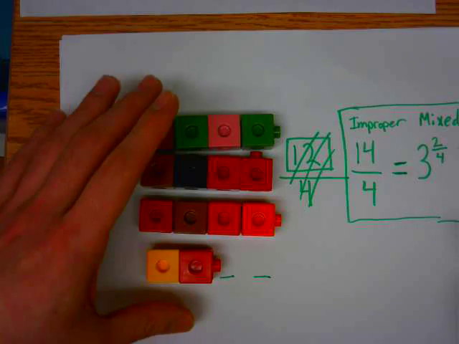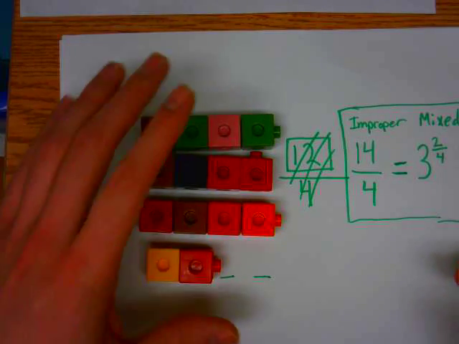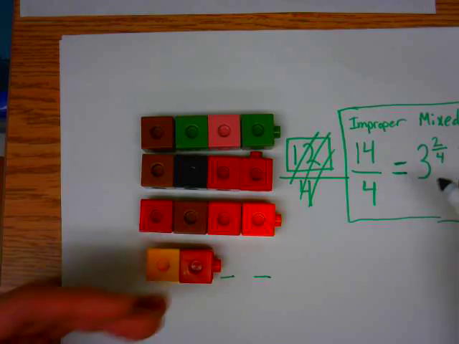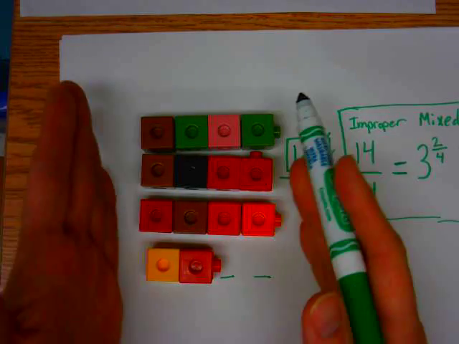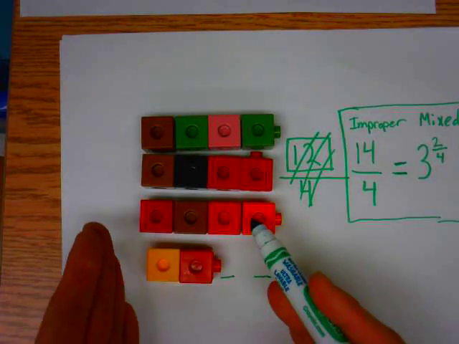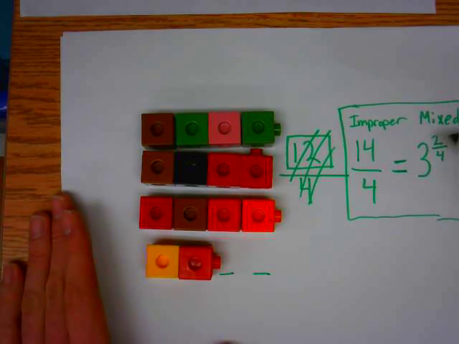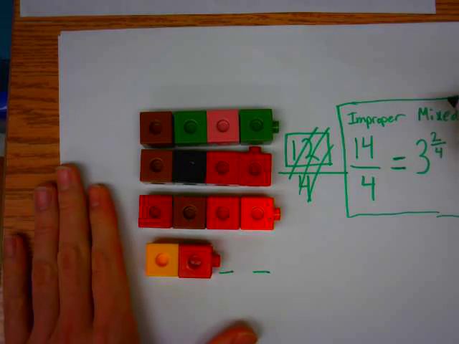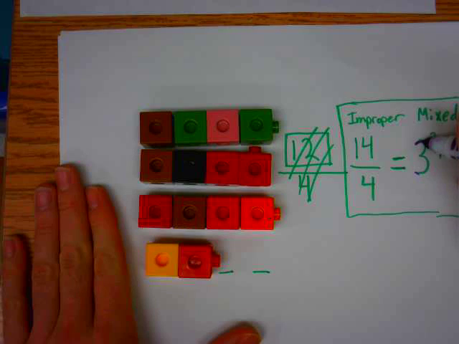The last thing I want to show you as we wrap up today's lesson is how we can use a calculator to calculate our answers and to check if our answers are right. Now that we understand what these fractions represent, how do we calculate them? One quick way to check to see if your mixed fraction equals your improper fraction is to use some multiplication and addition. Once you've found your mixed fraction, the first step is to take your whole number, which is 3, and multiply it by 4.